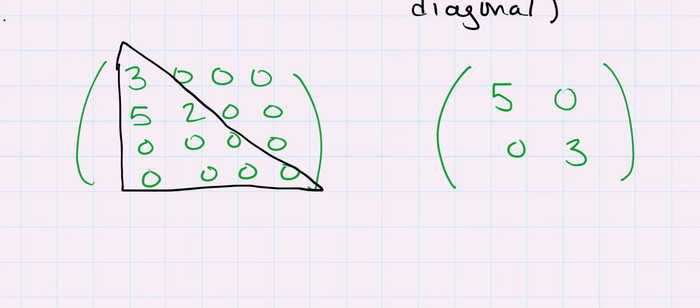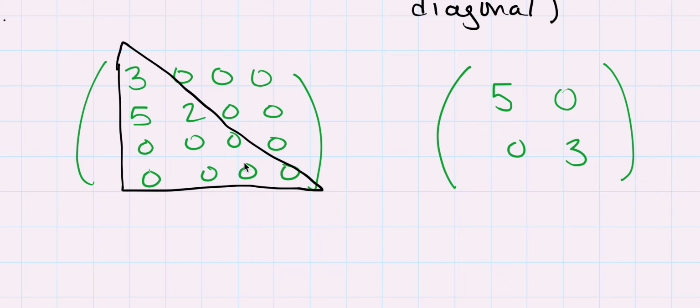It's a lower triangular matrix because it has zeros above the diagonal, and it's also an upper triangular matrix because it has zeros below the diagonal. So it's all 3. Diagonal matrices are part of the lower triangular matrices and the upper triangular matrices.